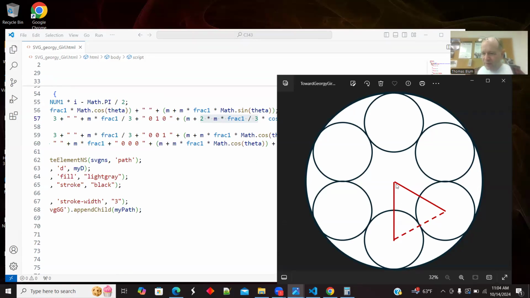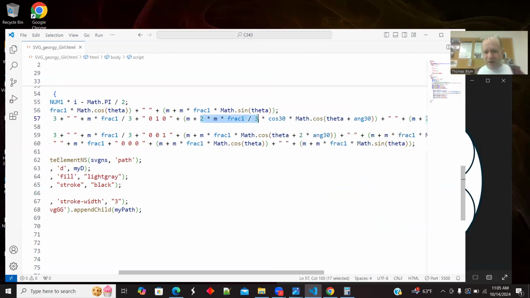but then I really want the kissing point, and so that's the cosine. So it's 2 times my m frac, my radius, divided by 3. So m divided by frac 3, that's the radius of my inner circle. Then I have 2 radii, but the cosine of 30.